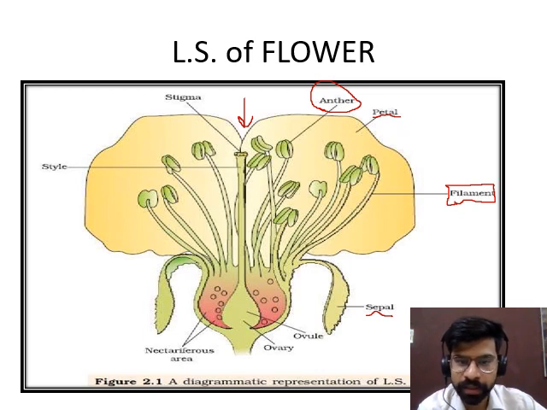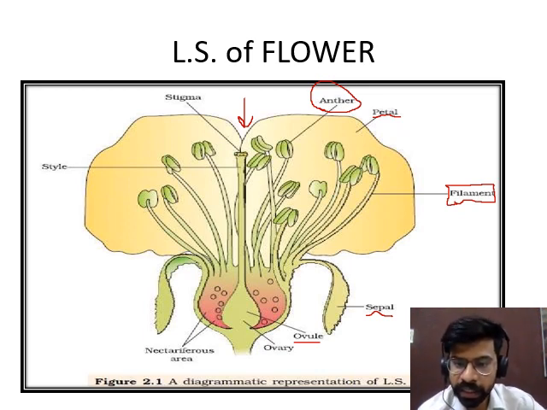Inside the ovary, ovule is present. In the previous chapter 1, ovary gives rise to the formation of fruit, whereas ovule gives rise to the formation of seed.